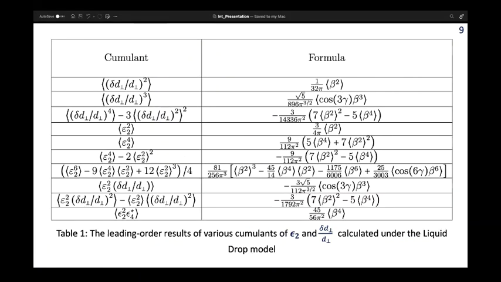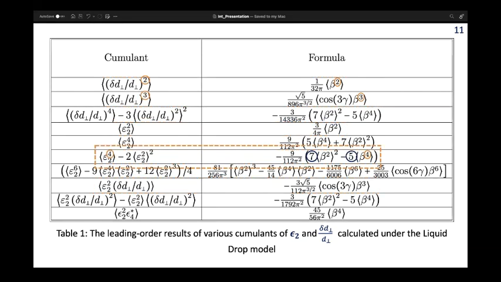Once you are armed with all of this information, you can calculate any cumulant and get its leading order approximation. For our analysis, these are the 5 cumulants that we actually calculated. They are the variance and skewness in relative fluctuations of inverse transverse size, the second order eccentricity, the fourth order cumulant of eccentricity, which is sometimes also called C2 epsilon, and this mixed cumulant, which is sometimes also called the covariance.